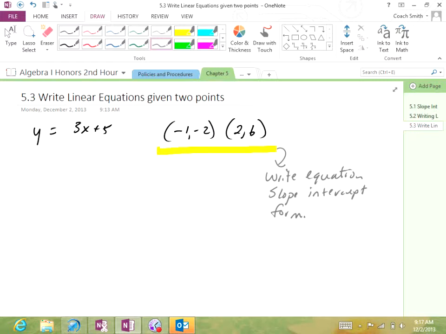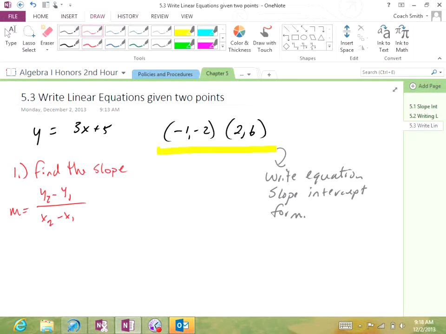Okay? The first thing you have to do is, step 1 is to find the slope. Okay, and so we're going to have to use y sub 2 minus y sub 1 over x sub 2 minus x sub 1. Okay, so that's what slope is equal to. M is equal to that, S equal to that, whatever you want to use for your slope letter.